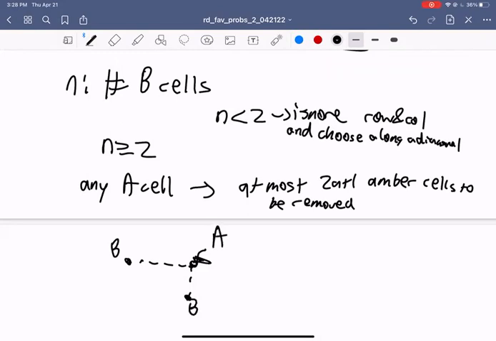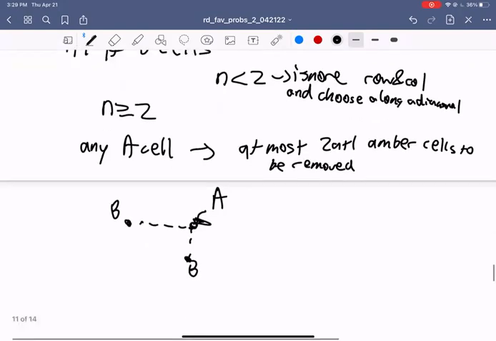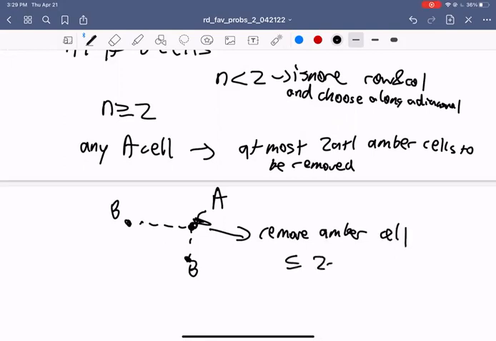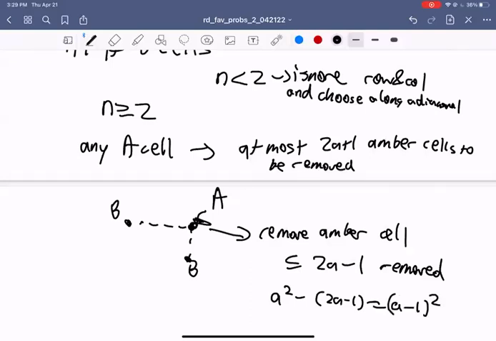This point isn't guaranteed to be amber, it could also be bronze. But if that ends up being true, we have 2 bronze cells on the same row, so we can just resort to our other case. And here we remove this amber cell, and we remove up to 2a minus 1 amber cells. And since a squared minus 2a plus 1 equals a minus 1 squared, our inductive step is done.